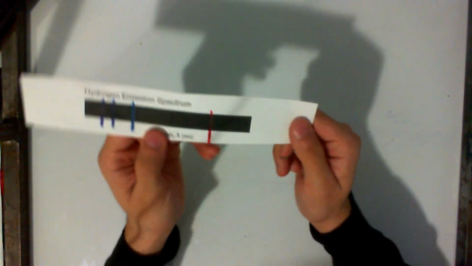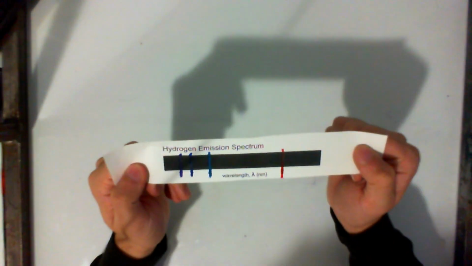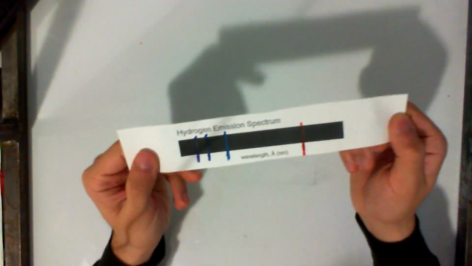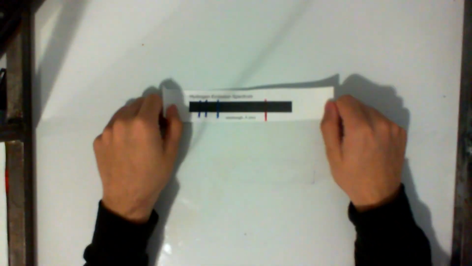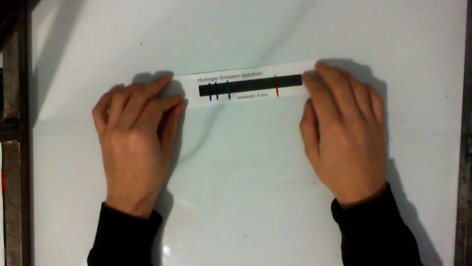I think I colored over it, but it says that red is 656 nanometers, the blue is 486, the dark blue is 434, and the purple is 416. So you can see the wavelengths get smaller as the color changes.